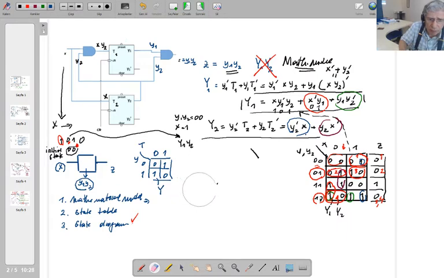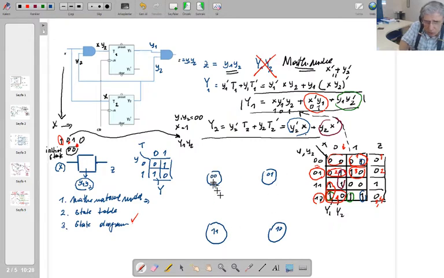Let me clear this area a bit. 4 states: 0, 0, 0, 1, 1, 0, 1, 1. You see, I wrote all these states a bit on the upper side. Why is that? Because I'm going to write the Z function just underneath the states.